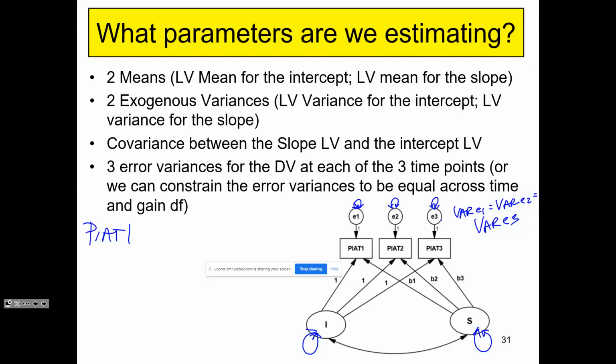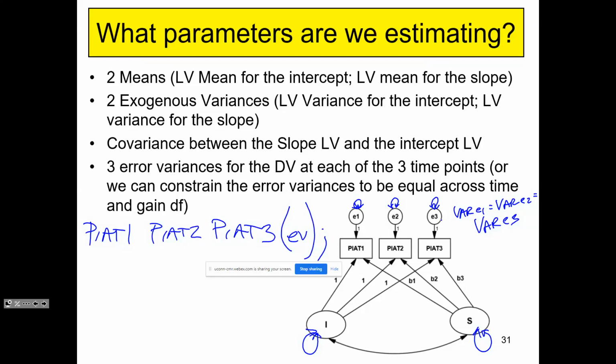So P-1, P-2, P-3, and then here I could give a number or a letter. I could be like EV, let's say, or error variance. Once I do that, I'm telling Mplus to constrain all of those error variances to be equal to each other, right?